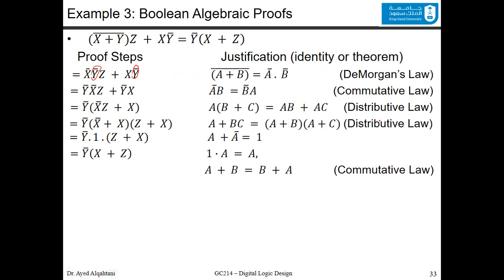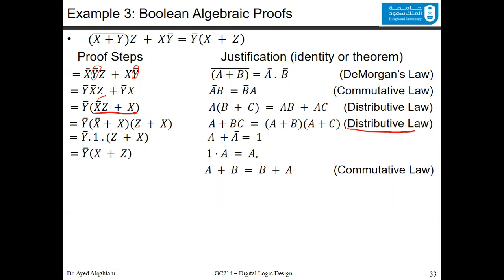After that, we use the distributive flow. We distributed this part. The Y bar, we keep it. And we did the distribution of the AND into the OR. So we did the distribution this way.